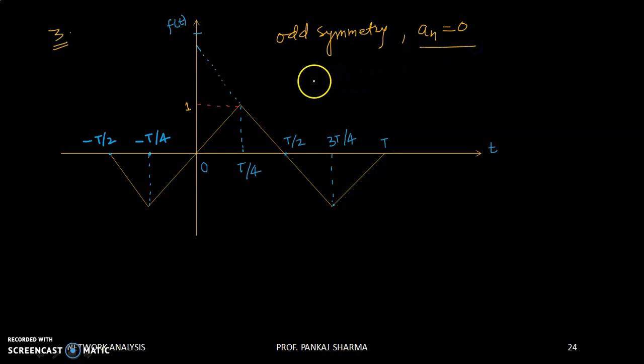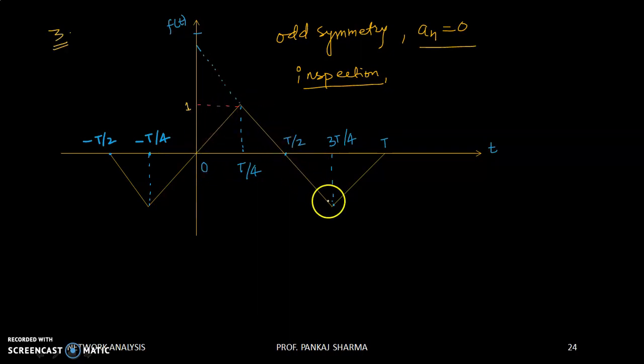Also, by the inspection method, by observing it very nicely, we can see that the average value, this one and this one are symmetrical, and this one is a plus, this one is your minus.